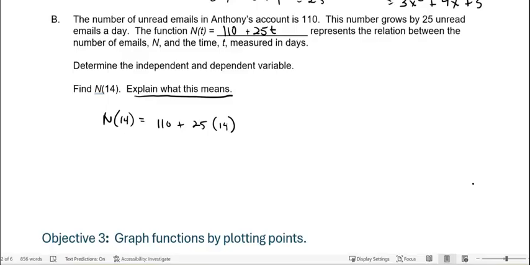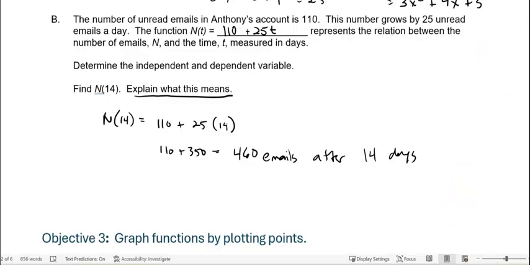That would be 250 plus 100, 350, if I did that right, plus 350 equals 460. And that's, again, how many emails after 2 weeks or 14 days. Let me just make sure I did that math correctly. That's 25 times 14, 350.